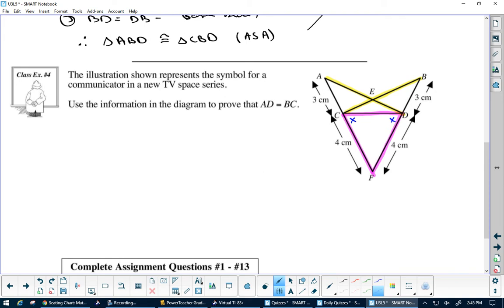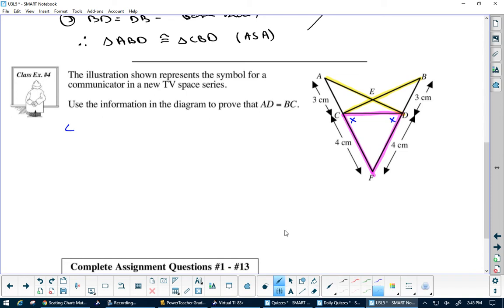So we'll start off with saying that angle ABD equals, oh no, sorry, where am I? It's not ADB. I was totally looking at the wrong example.